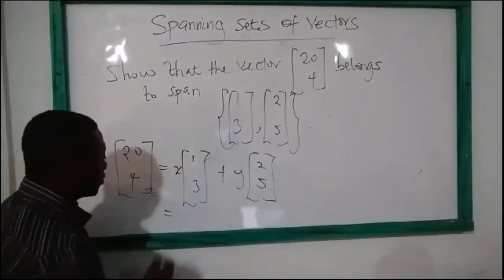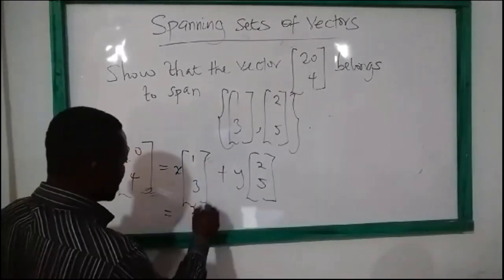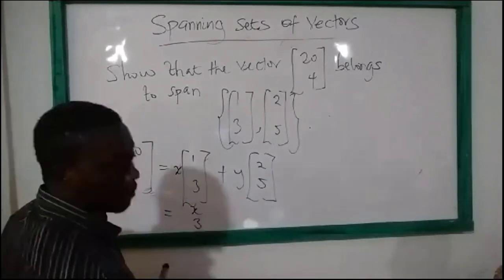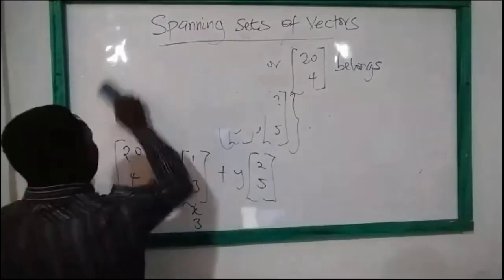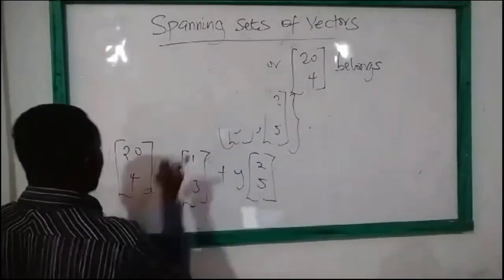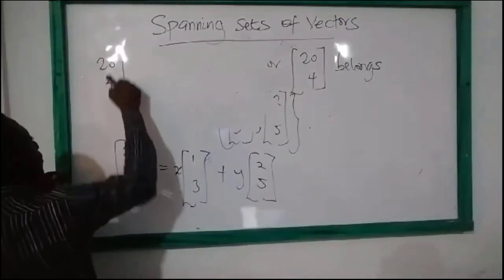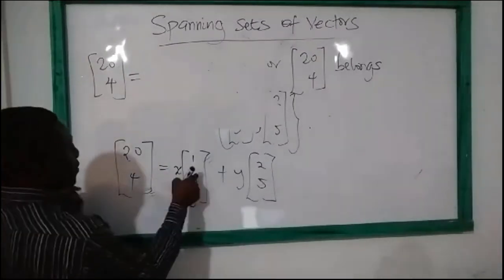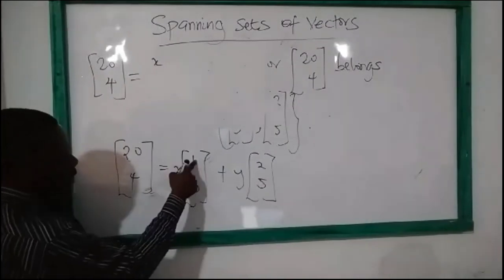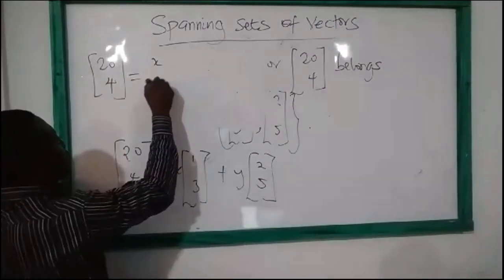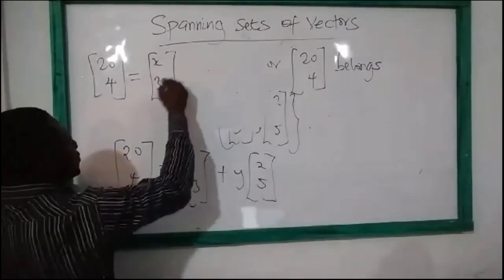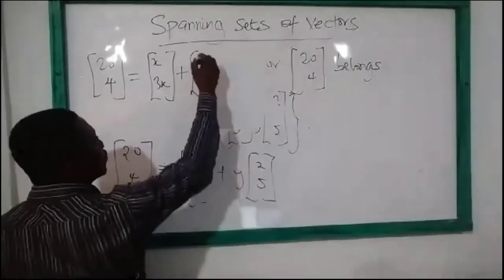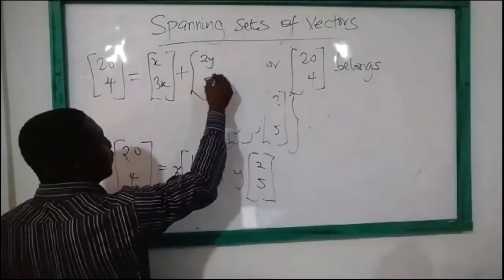So this is a scalar, and it runs through the vector that is given. So we get (2, 4) equals x multiplying 1, so x, and x also multiplying 3, so 3x, plus the scalar y also running through the vector given, so 2y and then 5y.